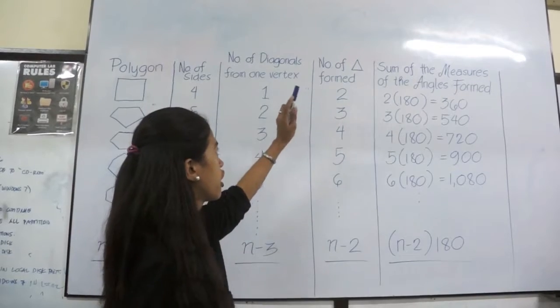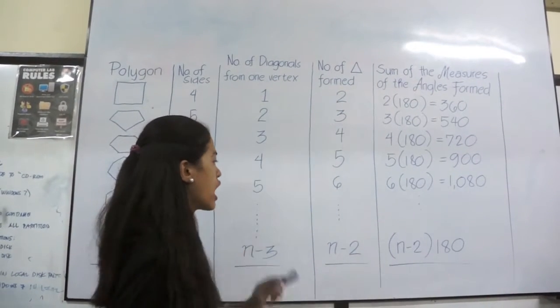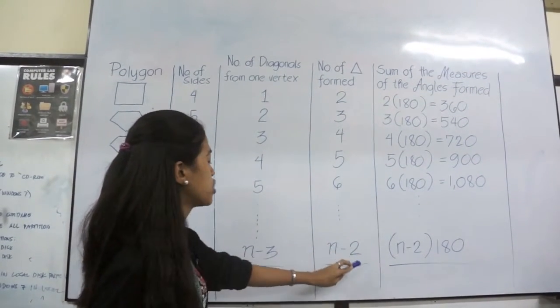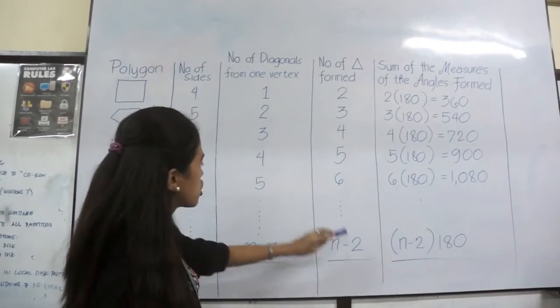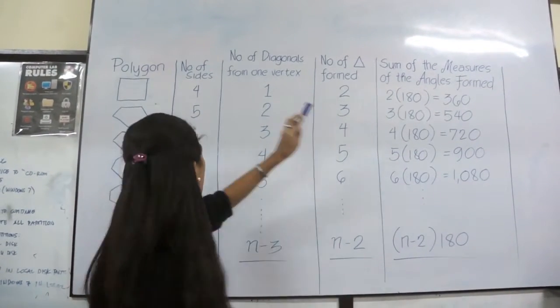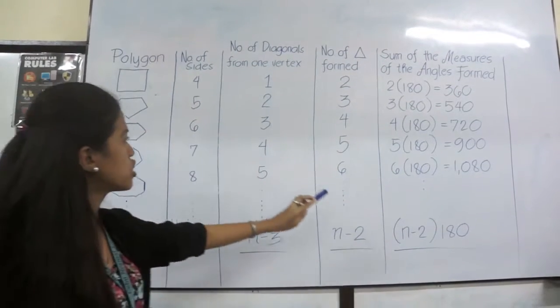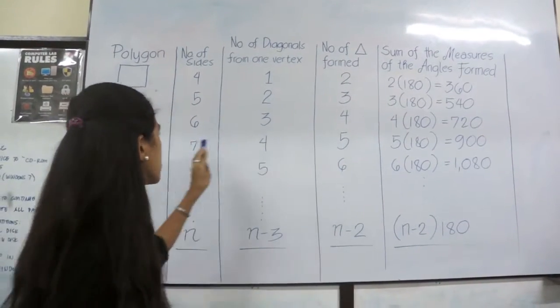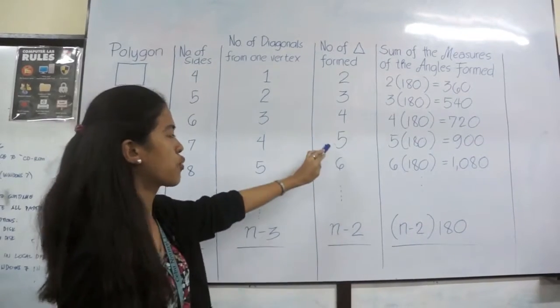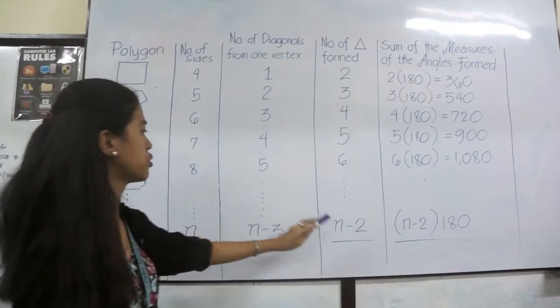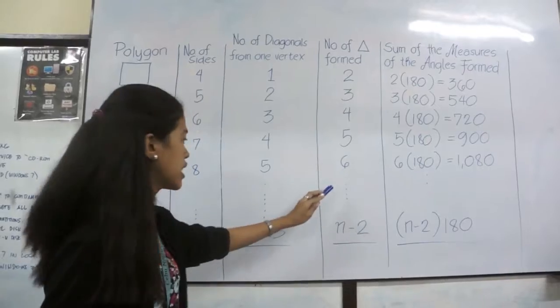In getting the number of triangles formed, we have this formula, n minus 2. So 4 minus 2 is equal to 2. 5 minus 2 is equal to 3. 6 minus 2 is equal to 4. 7 minus 2 is equal to 5. And 8 minus 2 is equal to 6.